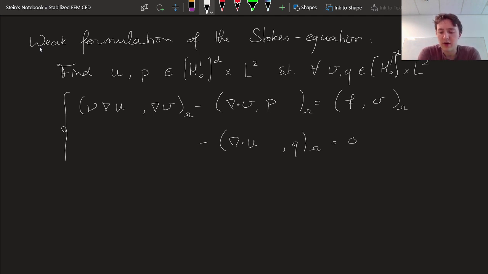And the finite element formulation that we've looked at is the one where we simply now add discrete versions of our solutions and also of our test functions. So no longer H10, but maybe some VH, and no longer L2, but some QH.